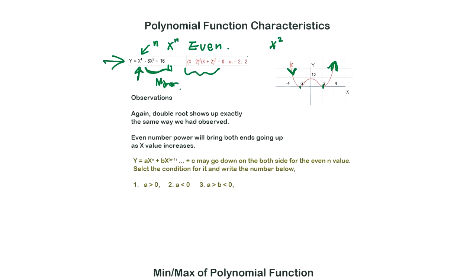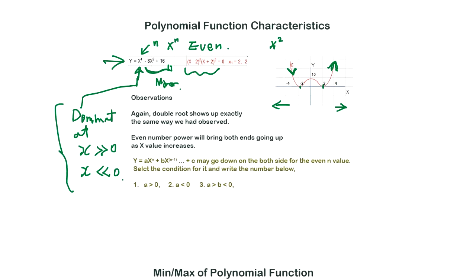This term dominates when x is very large, or when x is very large and negative. So this is the dominant term. Okay, so by looking at this n, you know which way the curve goes, up or down.